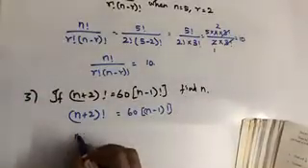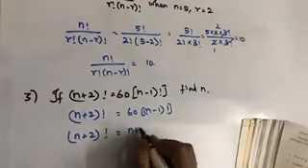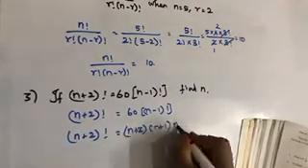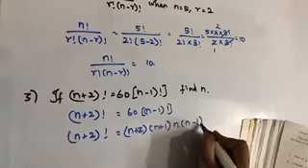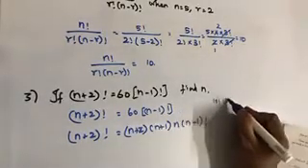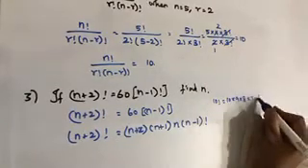n plus 2 factorial is equal to n plus 2 into n plus 1 into n minus 1 factorial. Likewise, I am writing 10 factorial is equal to 10 into 9 into 8 into 7 into 6 factorial.